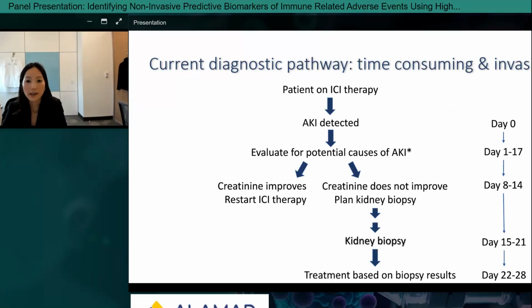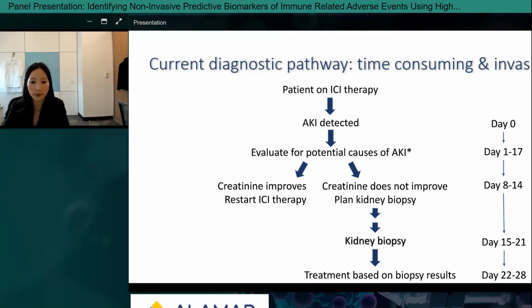And so this is kind of what the current diagnostic pathway looks like. It's fairly time consuming and it's invasive. So when we see a patient on immune checkpoint inhibitor therapy and they develop kidney injury, our first goal is then to evaluate for potential causes for their kidney injury. Is it because they have low blood pressure, there's an infection, they're dehydrated?